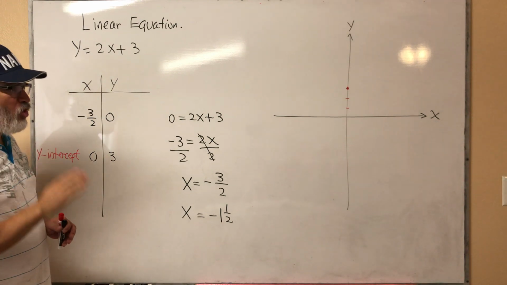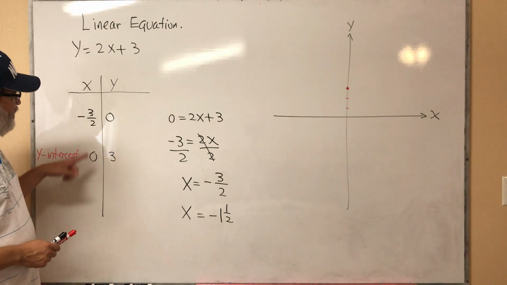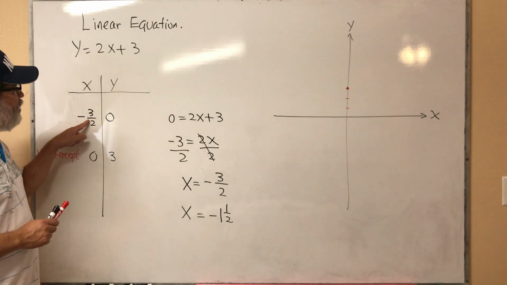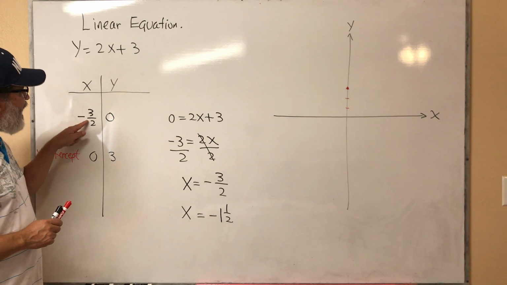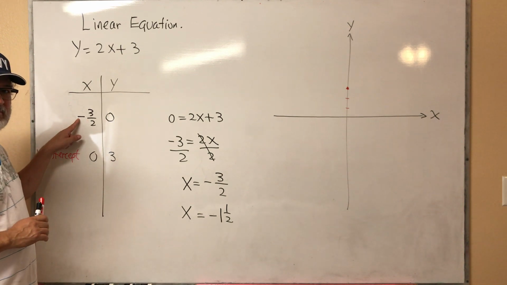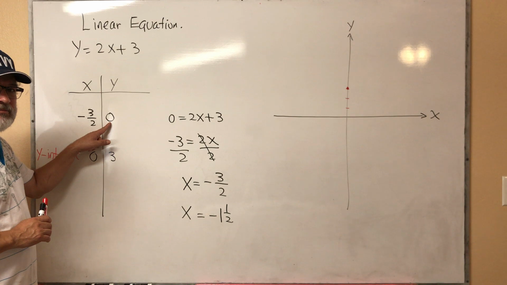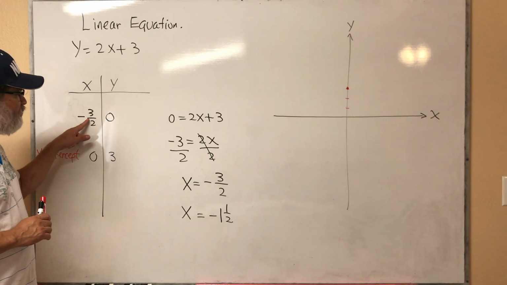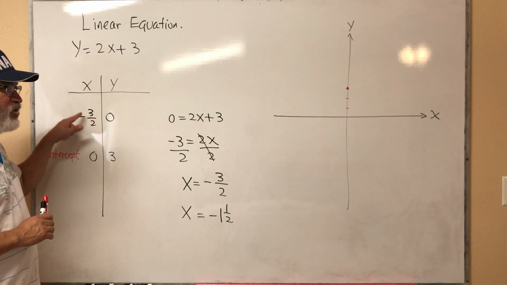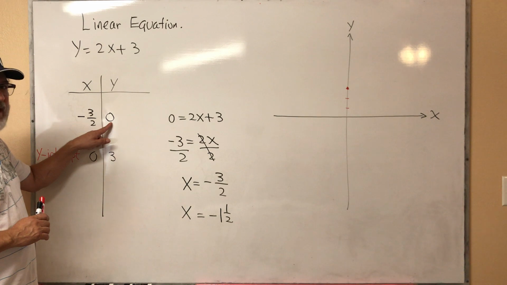So you start at the origin, and then you move 1.5 horizontally to the left. And you do not move up or down. You move to the left 1.5 units.